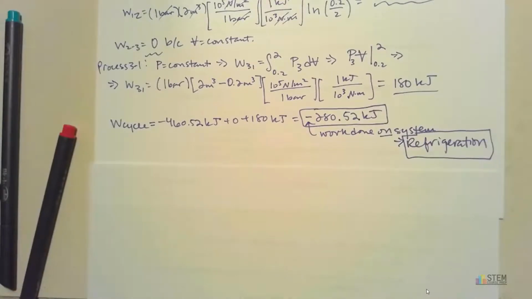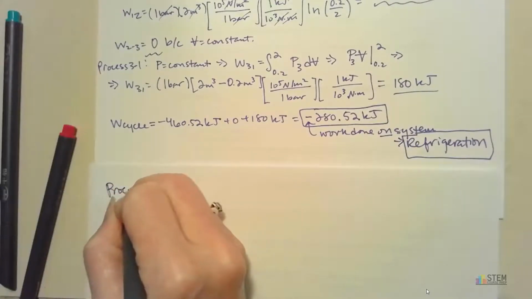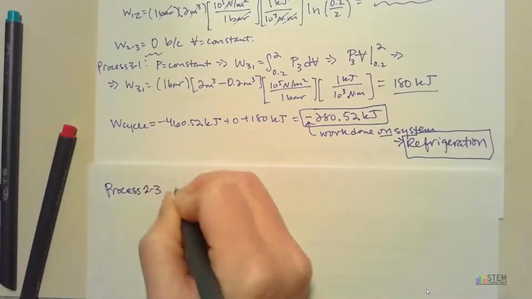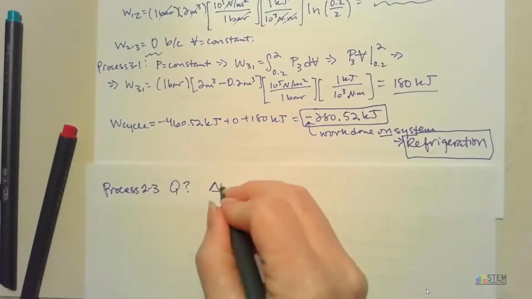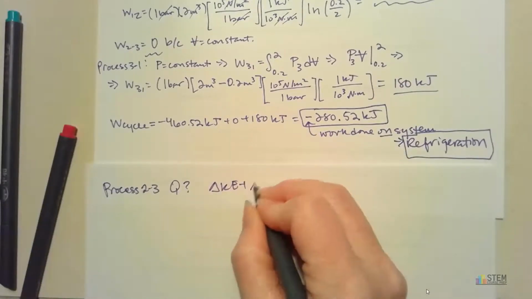So on this one, what we want to find is Q for process 2-3. Now Q, we're going to have to use the energy balance equation. That's really the only equation we have at this point that has Q in it. So we're going to go back to our energy balance equation.